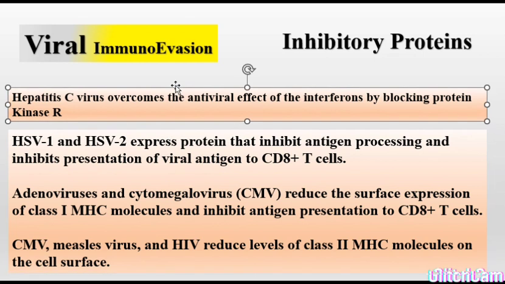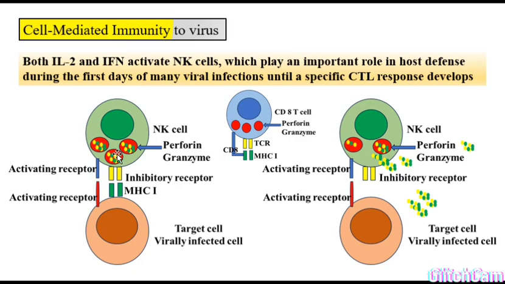and not to be seen by other immune cells, they tend to inhibit antigen processing and antigen presentation of viral antigen to CD8 T cells. And adenovirus and cytomegalovirus, for example, reduce expression of class 1 molecules, and actually also inhibit antigen presentation to CD8 T cells.